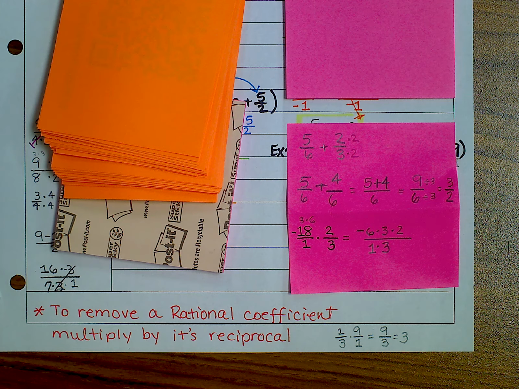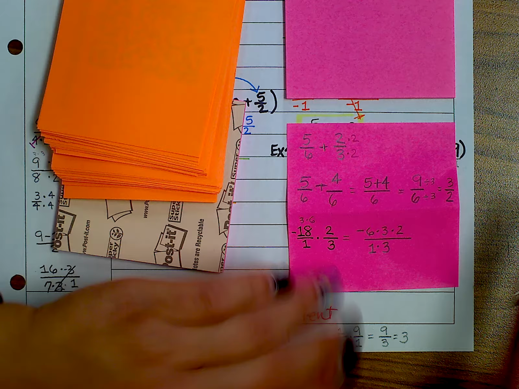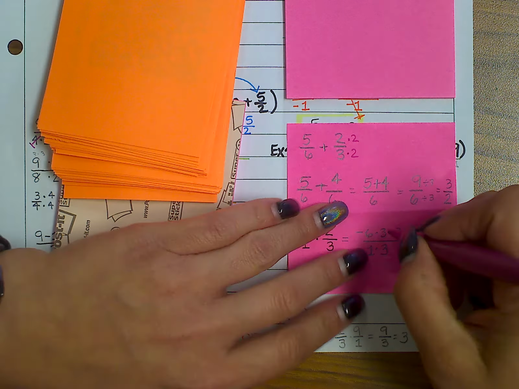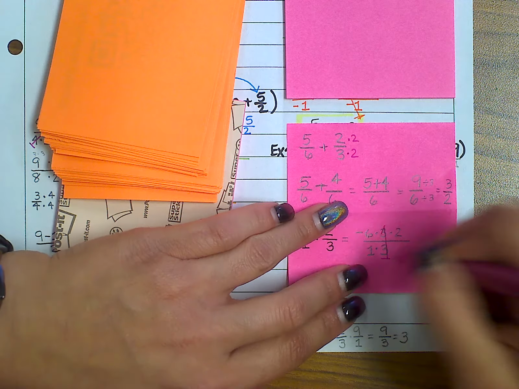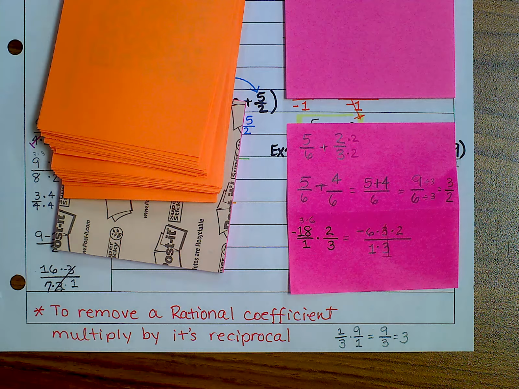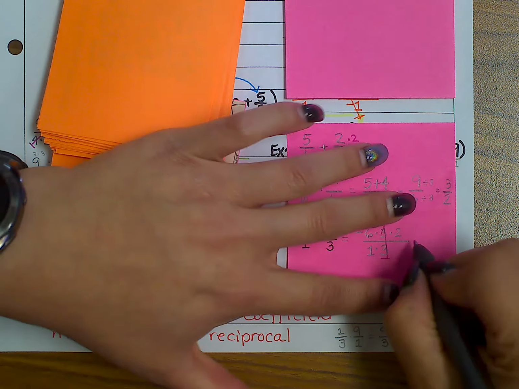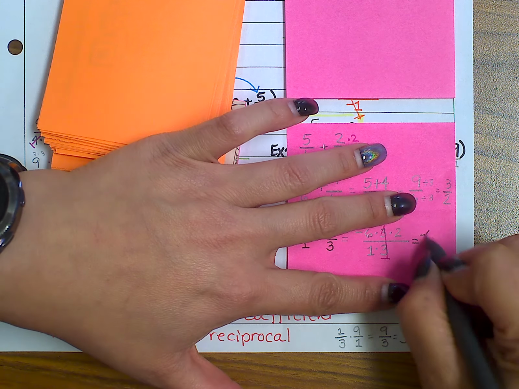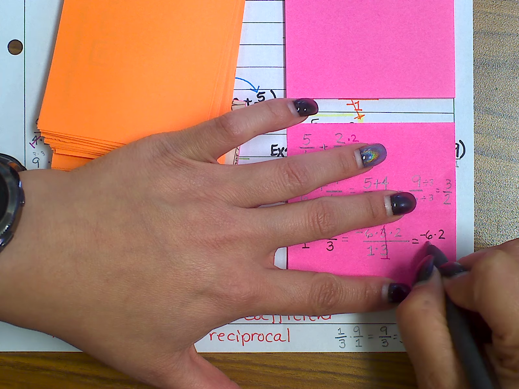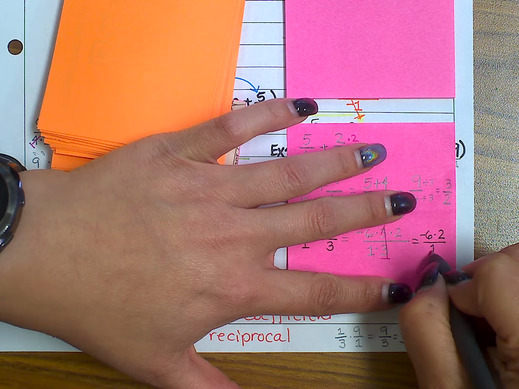Yeah, that's not too bad at all. So, 3 over 3 is going to, again, reduce to 1. And now I'm left with just negative 6 times 2 over 1.